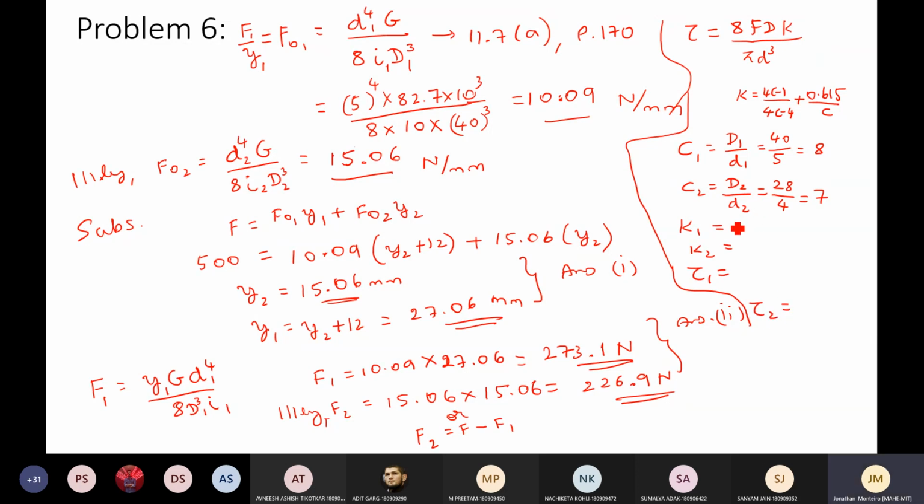So K1 according to the calculation is 1.184 and K2 is 1.213, and tau 1 will come out to be around 263.56 megapascals and tau 2 will be 306.63 megapascals. Just check it out. You can do a quick calculation now.